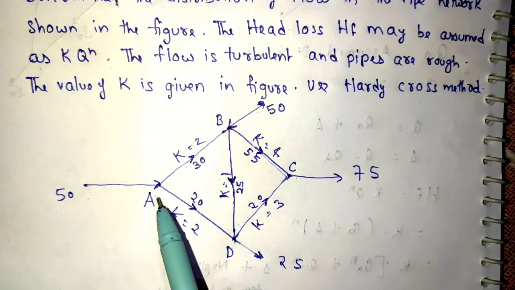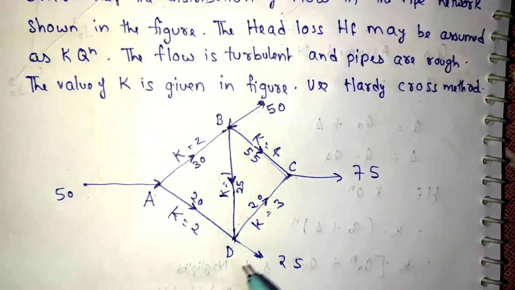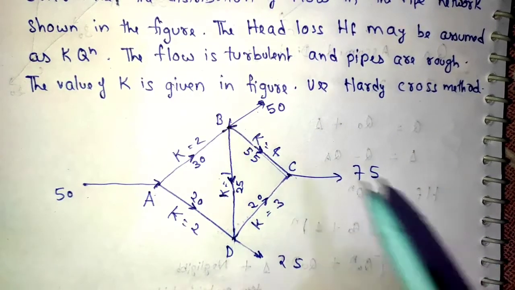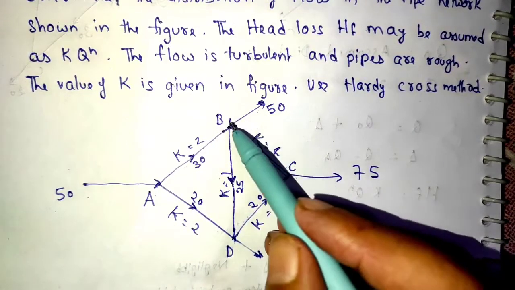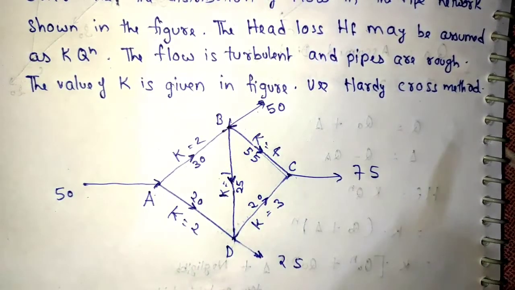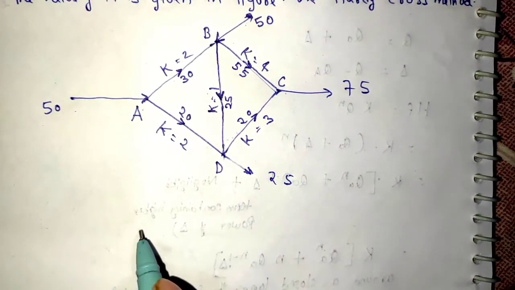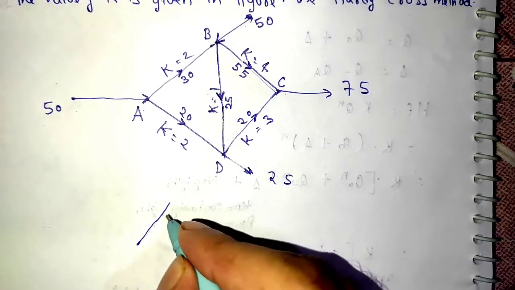ABDA, and also we have the loop BCDB, right? So we have two loops, ABDA and loop BCDB. If we try to make it from a separate portion, we can write like here.